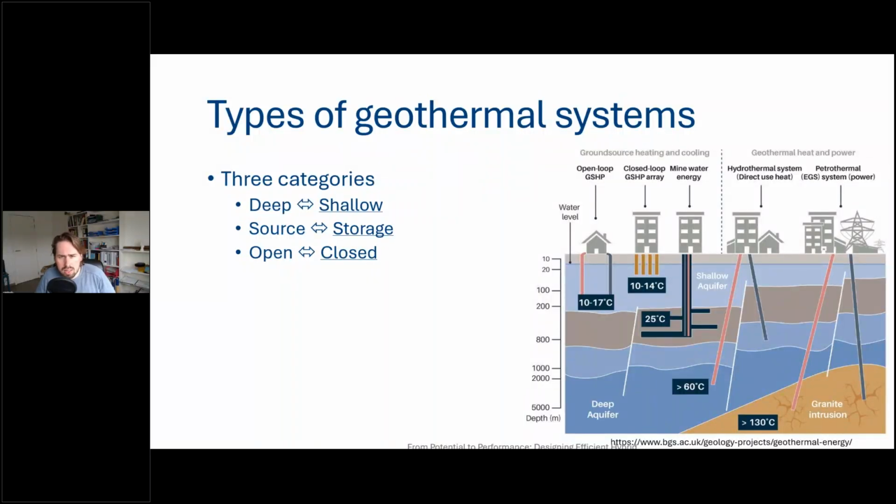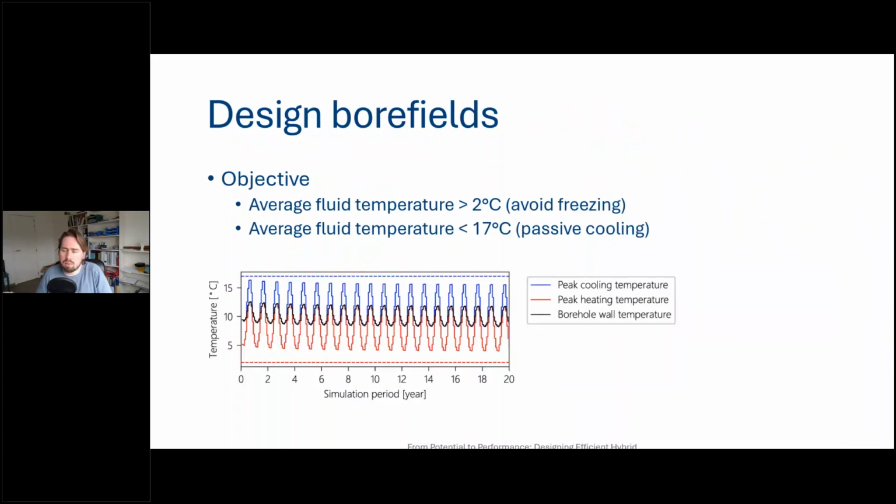And in order to design such Borefields, we typically have the objective that we want our fluids to stay between certain temperature limits. Now, you can discuss quite a lot about what these limits should be. It depends on your climate zone, on the legislation in your country or your region. In Belgium, typically we set, well, this temperature should be above 2 degrees on average in order to avoid freezing of the ground.